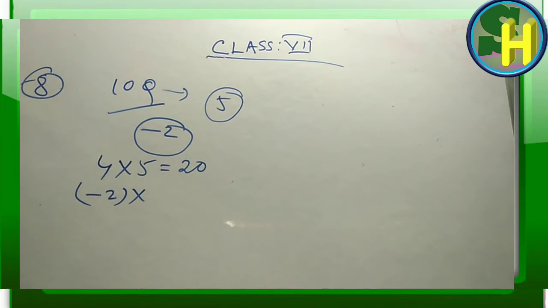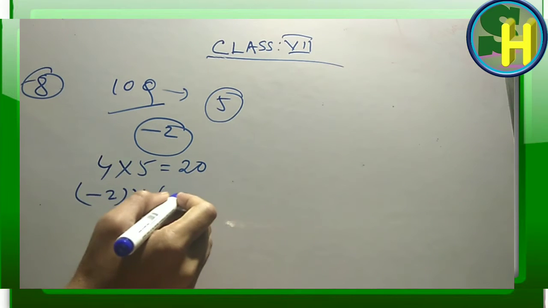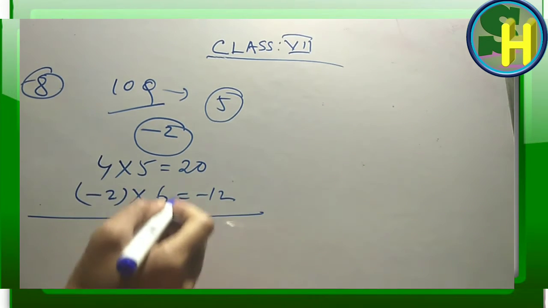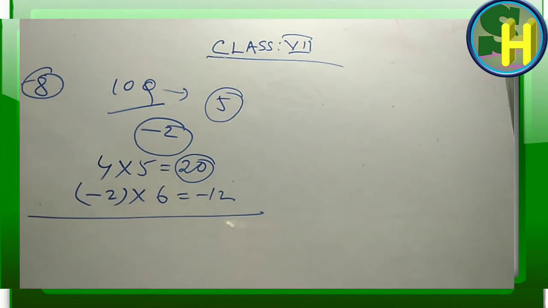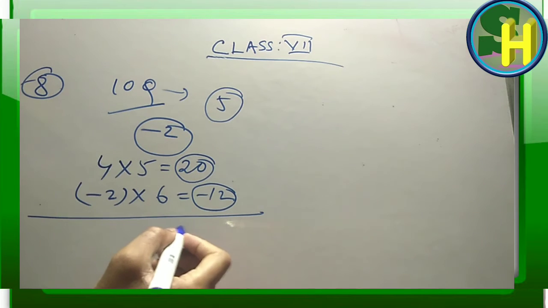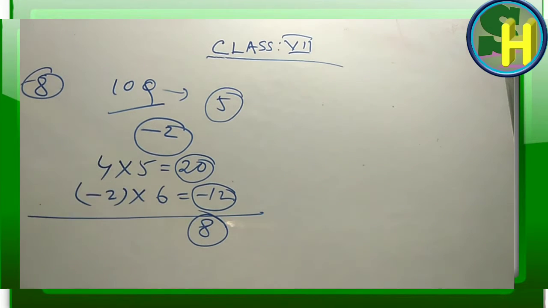There are 6 incorrect answers, so this will be -12. So what is the score? Add this number, so this is 8. His total score is 8.